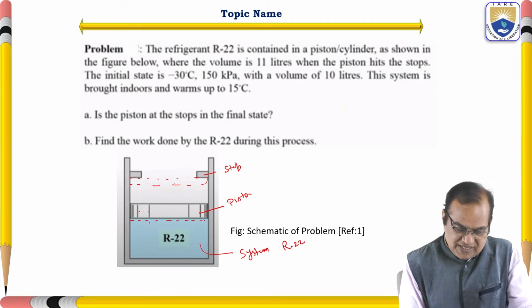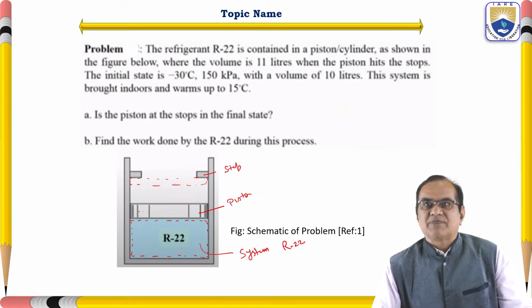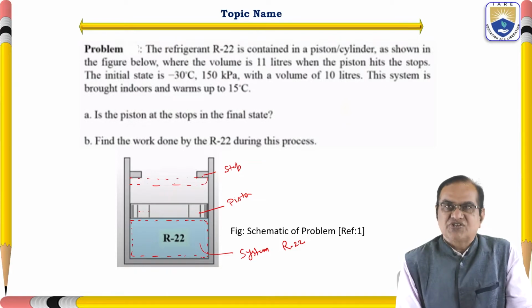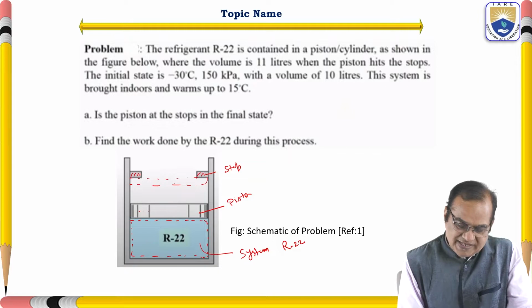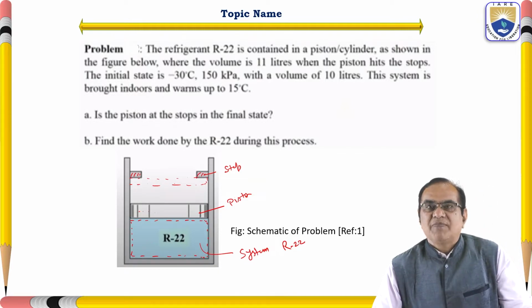So this is the control mass system where mass is not transferred, only energy transfer takes place. Here we first have to find out whether the piston is hitting this stop or not. And second, how much work is done by this system. So this is our problem statement.